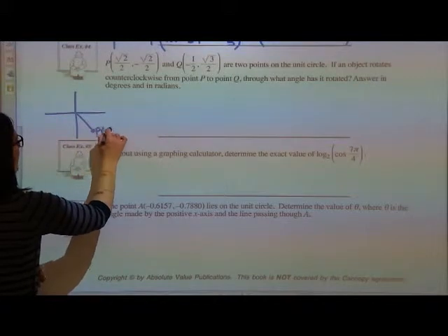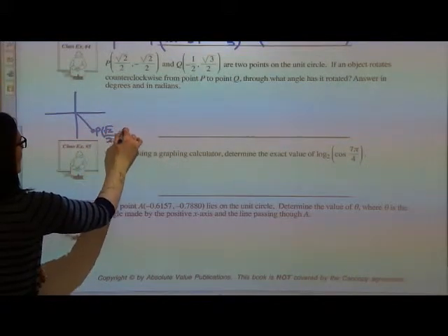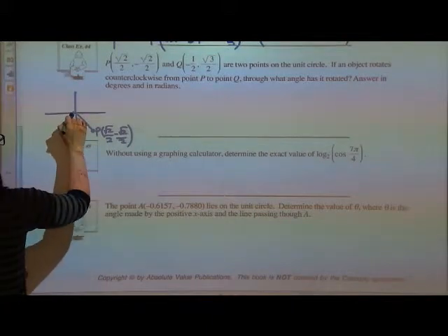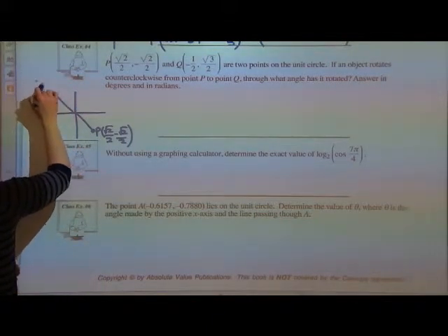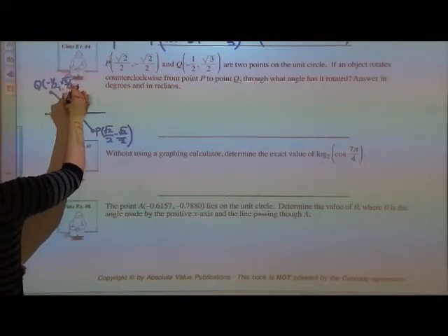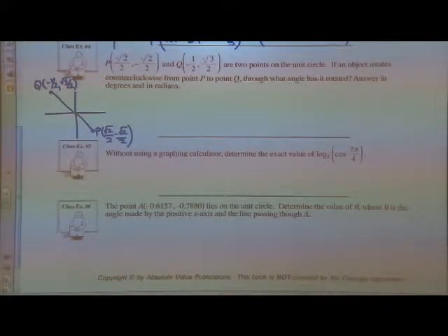Because I have a positive x and a negative y. What quadrant is point Q in? 2. Because I have a negative x and a positive y.